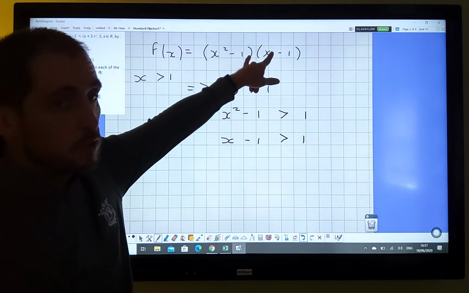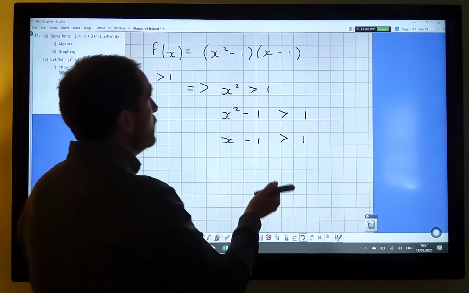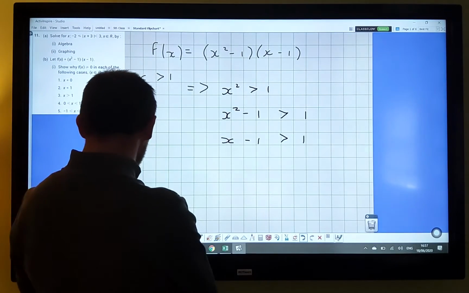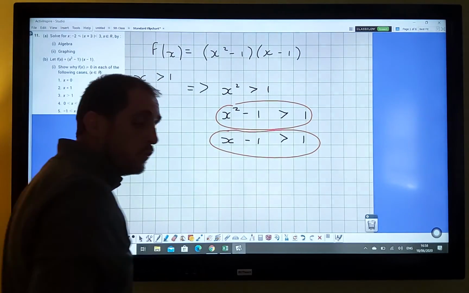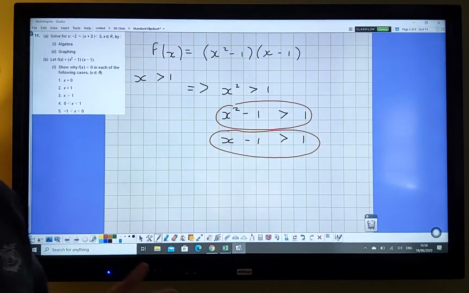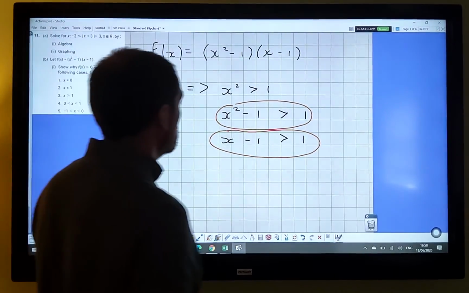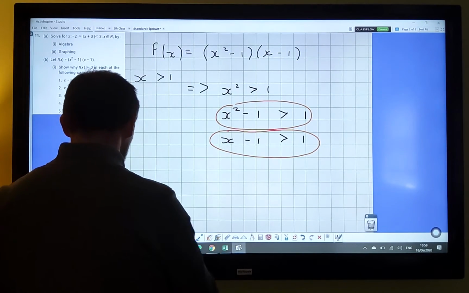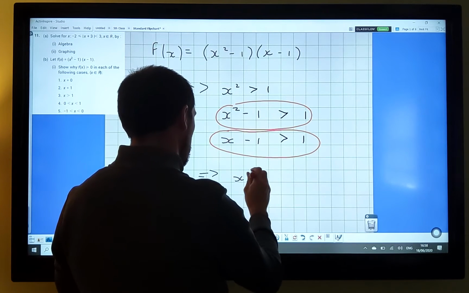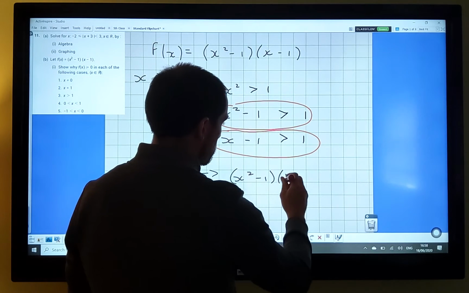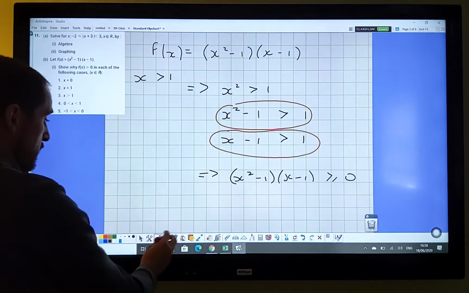If you have two positive numbers, when you multiply them they're both greater than 0. So therefore, when x is greater than 1, (x squared minus 1) times (x minus 1) has to be greater than or equal to 0.